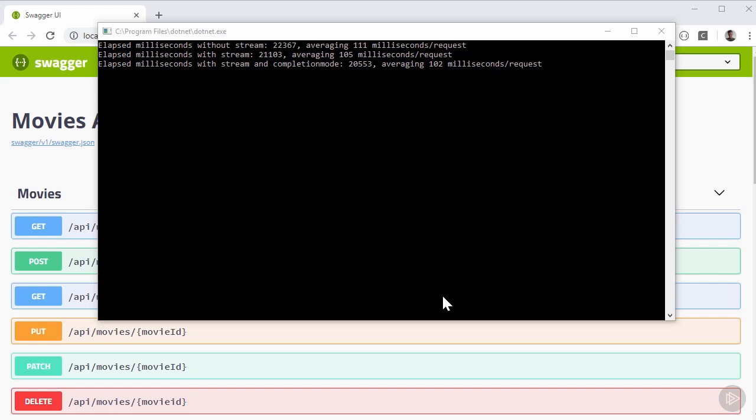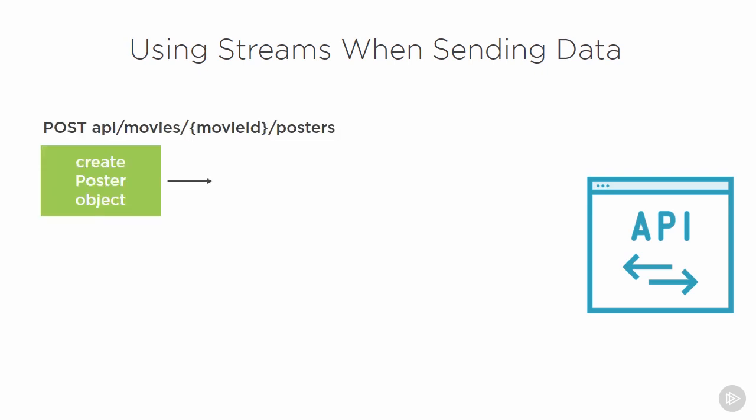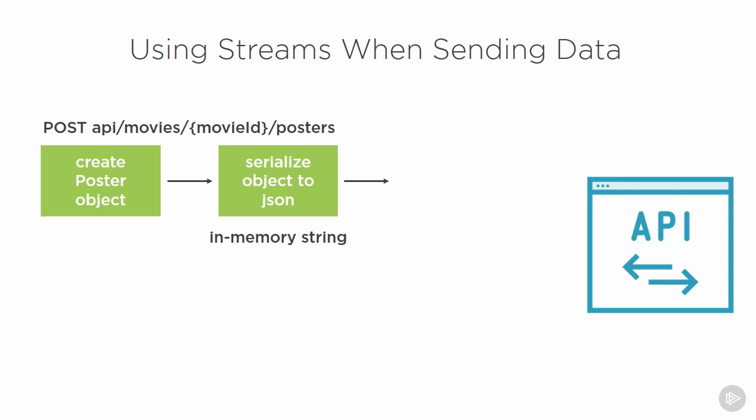So far for streaming when getting data. What about posting data as a stream? We can do that as well. When we send data to an API, say a poster, more or less the same happens as when we get back a response, but just the other way around. Create a poster object, serialize it to a JSON string, which is an in-memory string, and send the whole content at once.